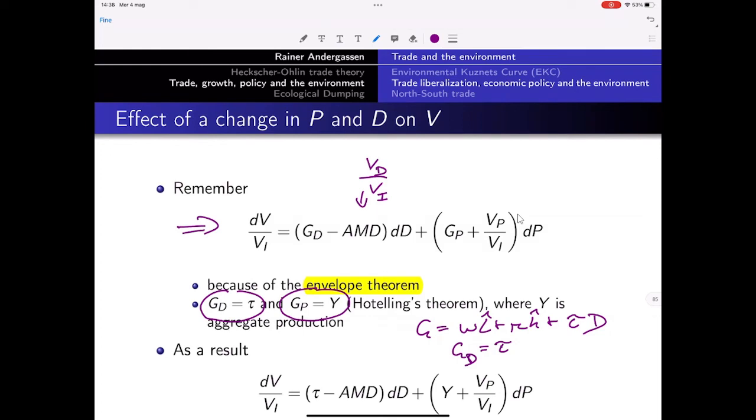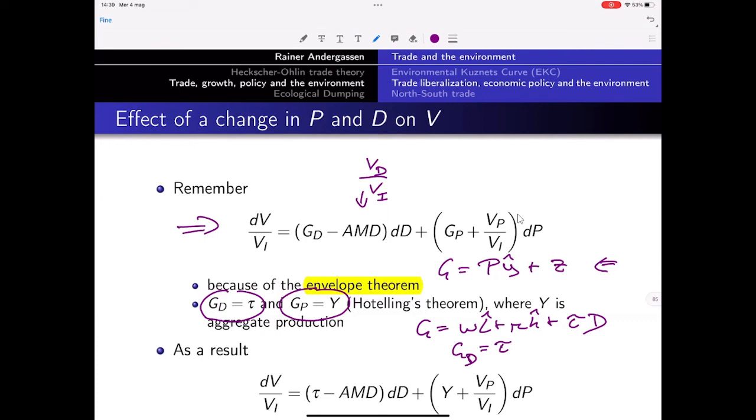Now remember the definition of G is equal to P y hat plus Z. It is another definition of G. So here I'm defining GDP, the national product, according to the value of final goods produced.